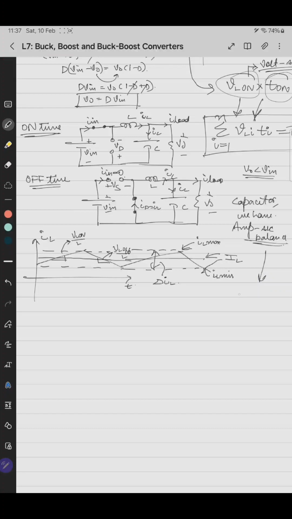The amp second balance is sigma IC of i into Ti equals 0, where i equals 1 to n. So which means IC on into T on plus IC off into T off equals 0, which means that the area under the IC versus T graph is equal for the charging as well as the discharging phase.